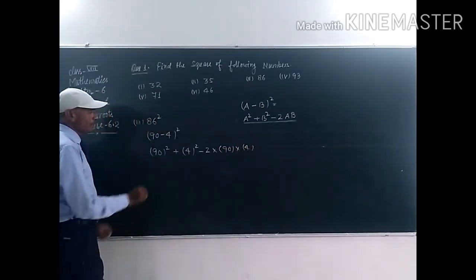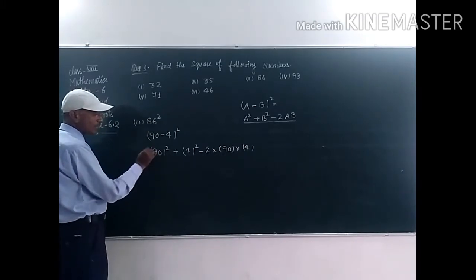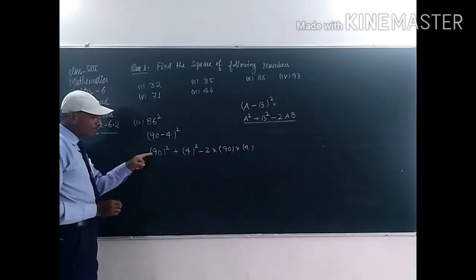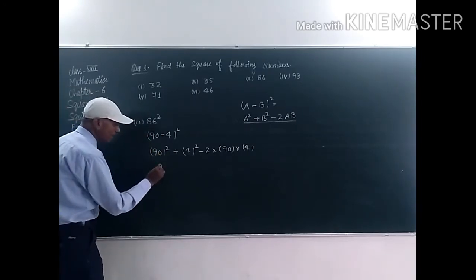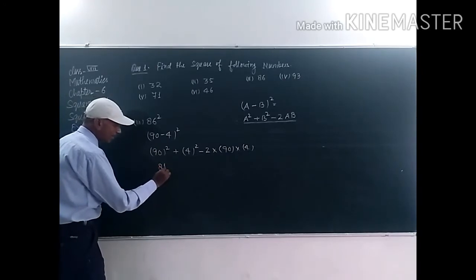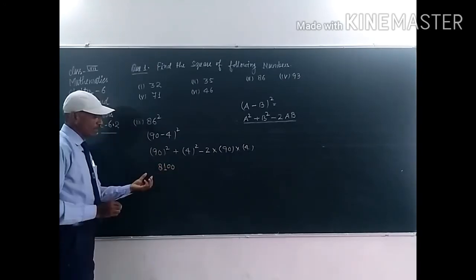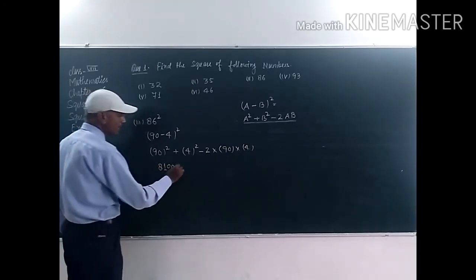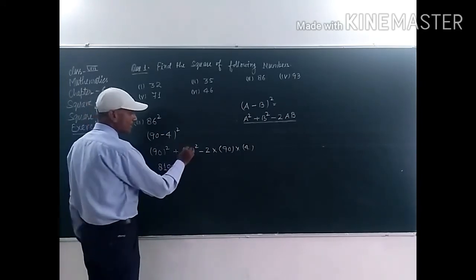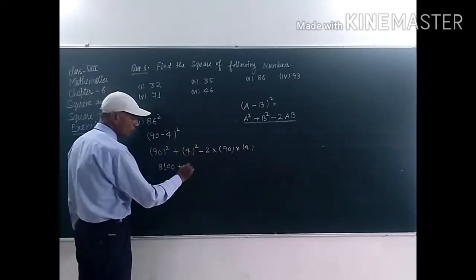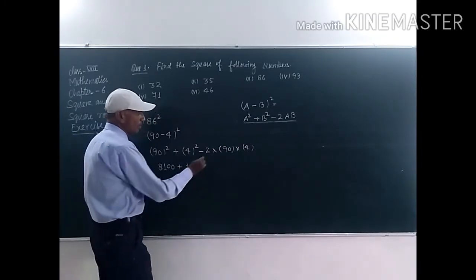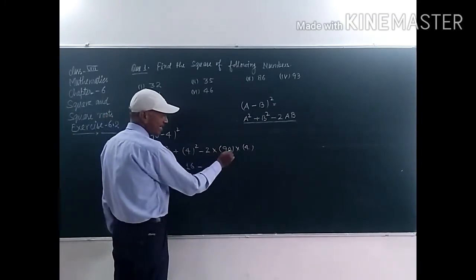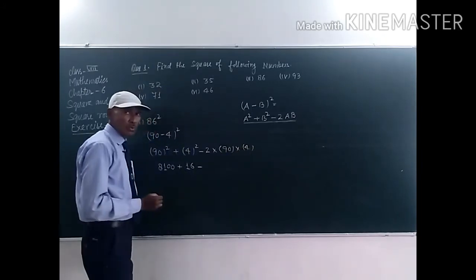Clear student? Now this 9 square, 9 9s are 81, followed by 1 zero here. So in the square it will be followed by 2 zeros. So it will be 9 9s are 81 followed by 2 zeros, 8100, plus this 4 square, 4 into 4, that is 16, minus 2 9s are 18, 4 8s are 72.